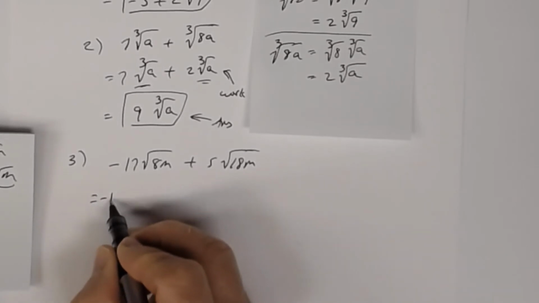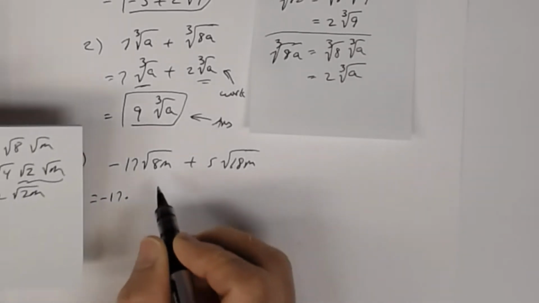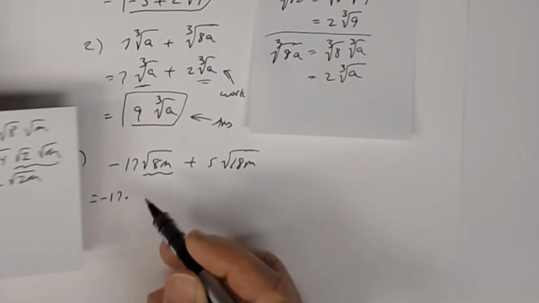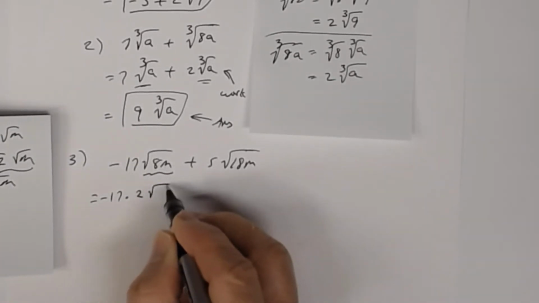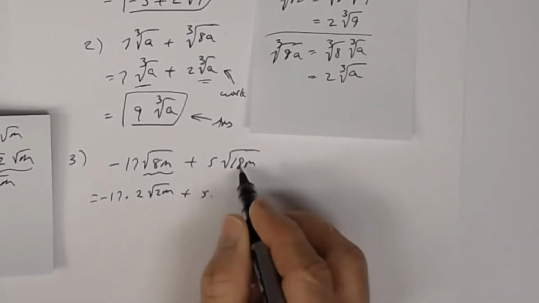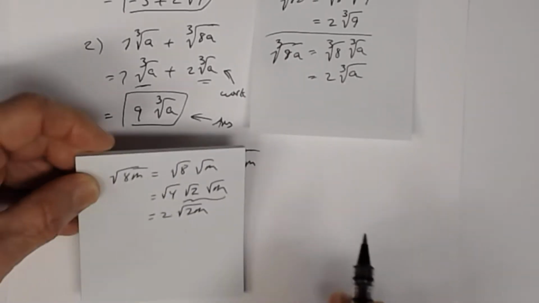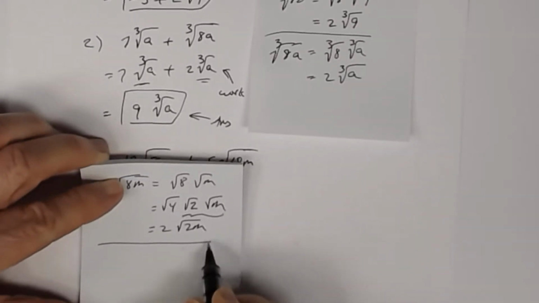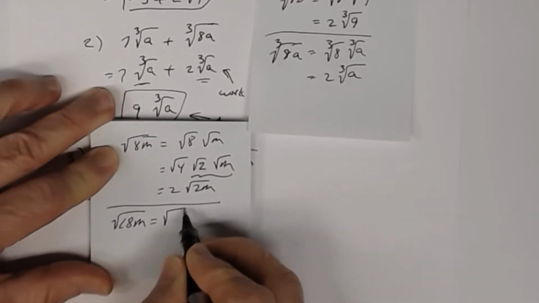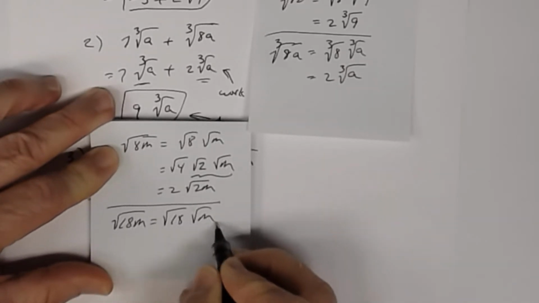So that becomes negative 17, and then this right here is this. So be careful. So it's 2 square root of 2m plus 5 times, and let's talk about the square root of 18m. So the square root of 18m would be the square root of 18 times the square root of m.